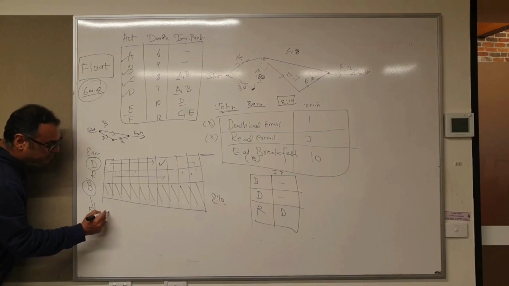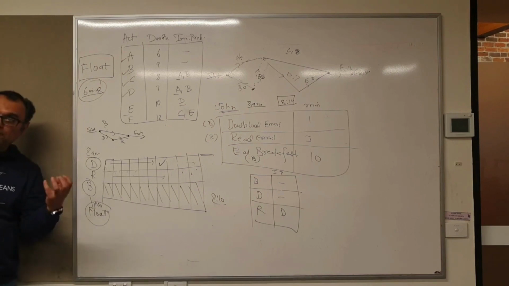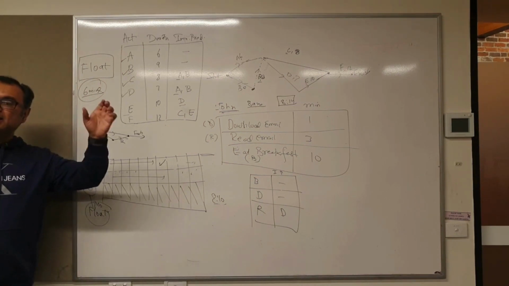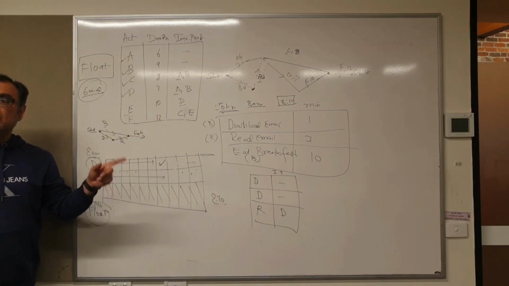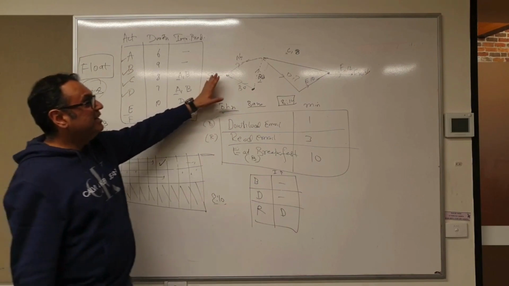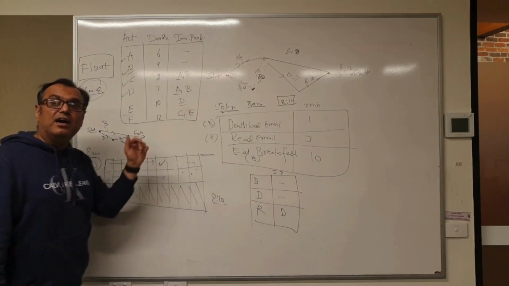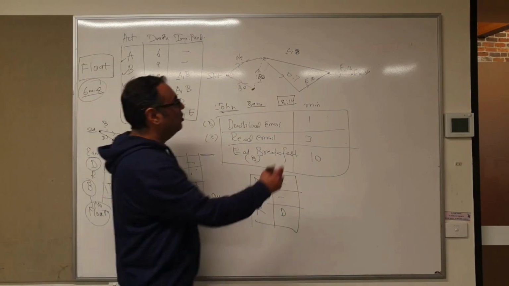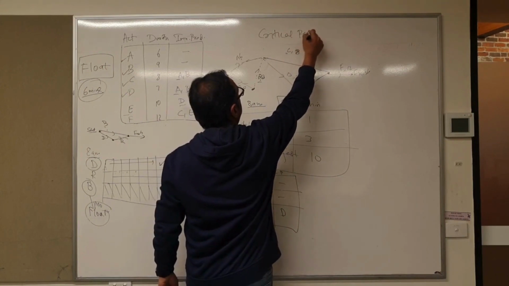There is no float. And the activities that have no float are called critical activities. And all your activities in a network diagram that are critical make something called the critical path.